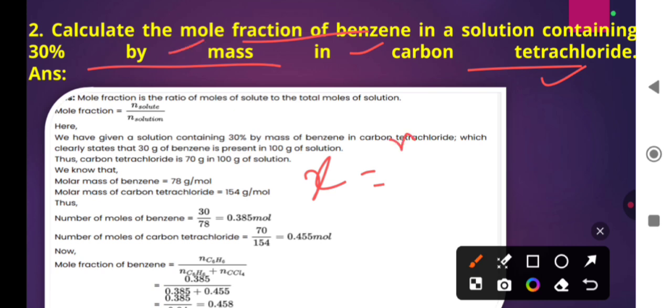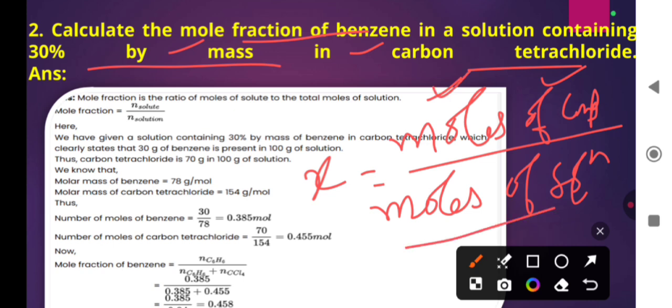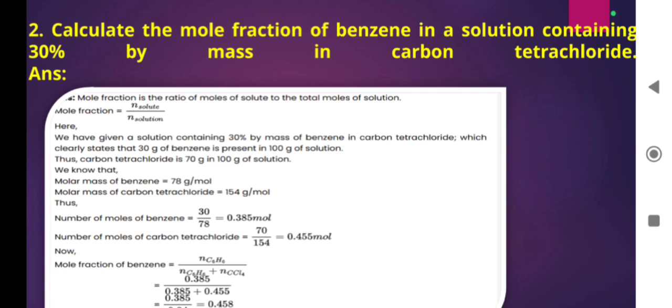Then moles of the component upside, and down moles of the solution. In mass percentage we kept mass upside and total mass down. So in mole fraction you will keep moles of that component divided by total moles. This formula is written here.